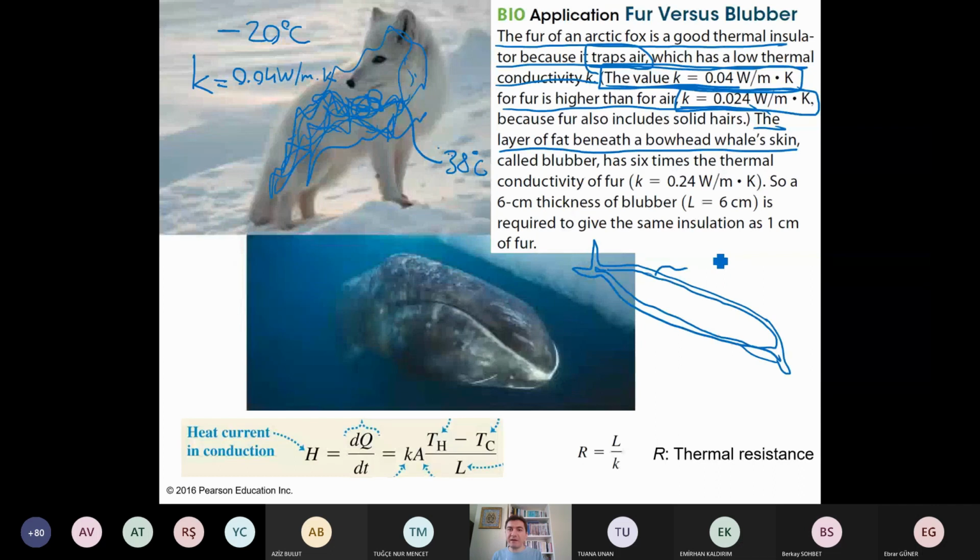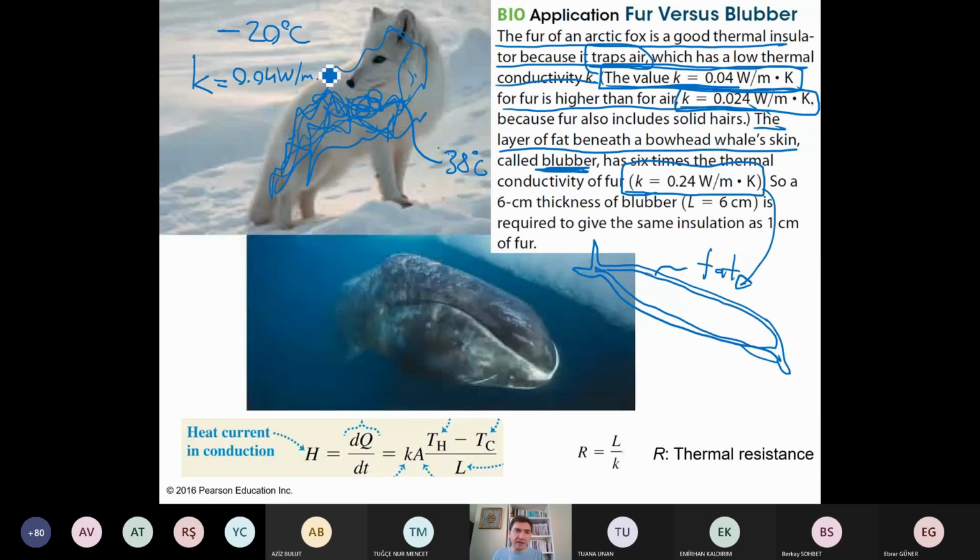This insulating layer is fat. Another name is blubber, okay? And this has this thermal conductivity. What do you see here? 0.24 watt per meter per Kelvin. Okay, this is the thermal conductivity of this fat here.